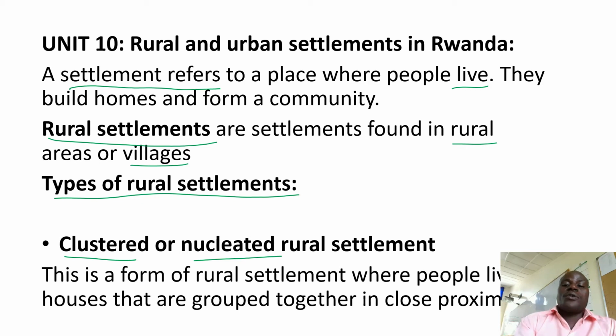This is a form of rural settlement where people live in houses that are close together. The settlements are very close, they are dense and close to each other. The gap between one household to another is very small.